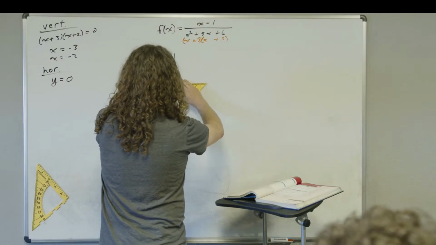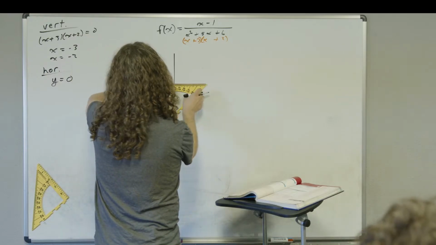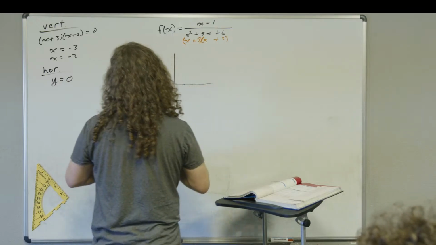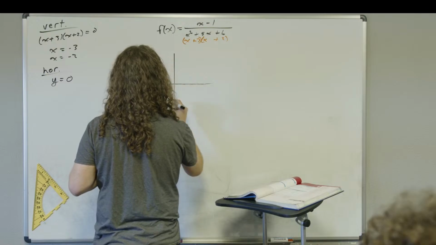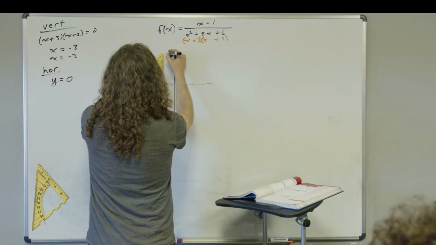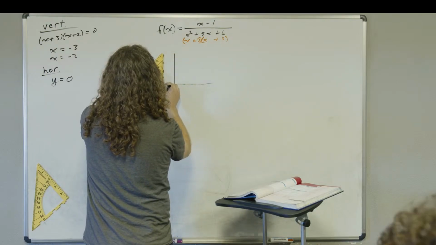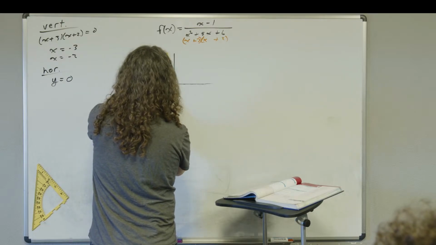So there are no holes. There's a horizontal asymptote right there. There's a vertical asymptote at -3 and -2. So vertical one right here, and right here.